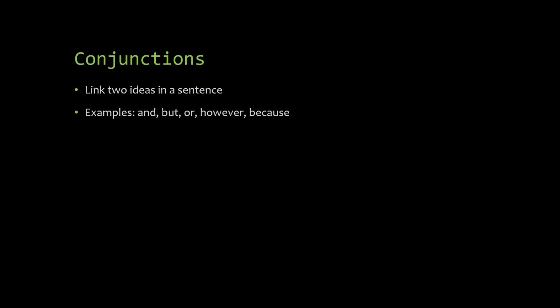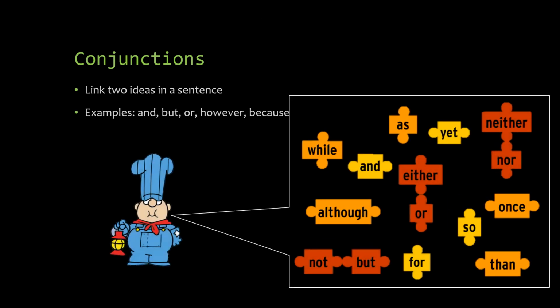In the cartoon, you have a little conductor, this little guy right here, and he basically shows everybody how to put these words together in a sentence. Now, the words that we're really going to be concerned about are the words that you see here by the word examples: and, but, or, however, and because. What we mean by that is these are words that are connecting ideas together in a sentence.